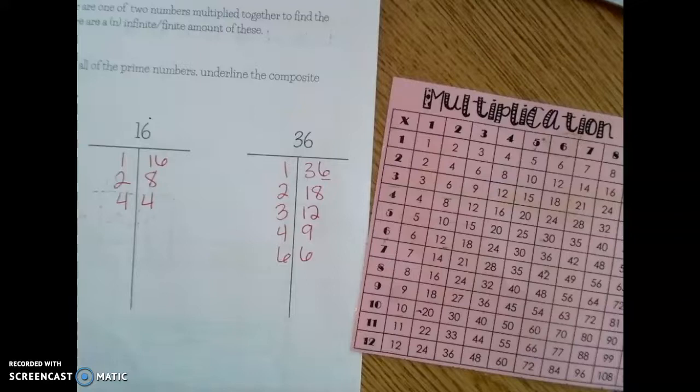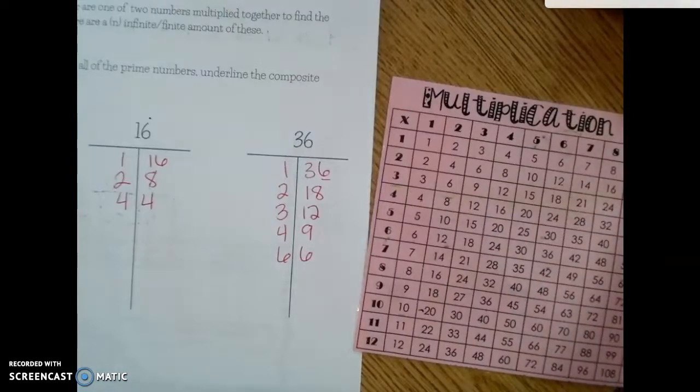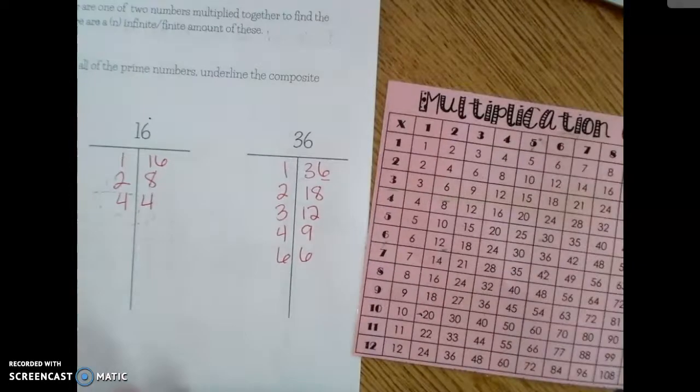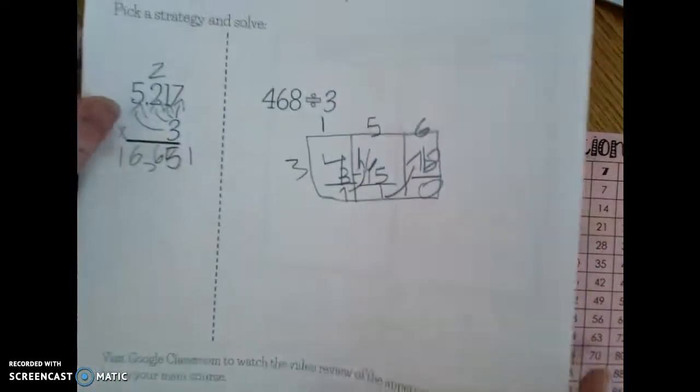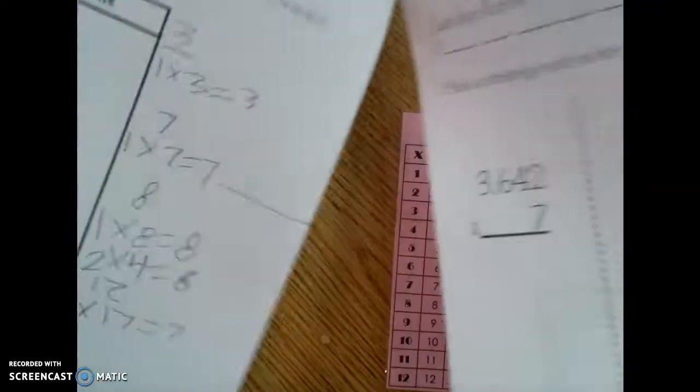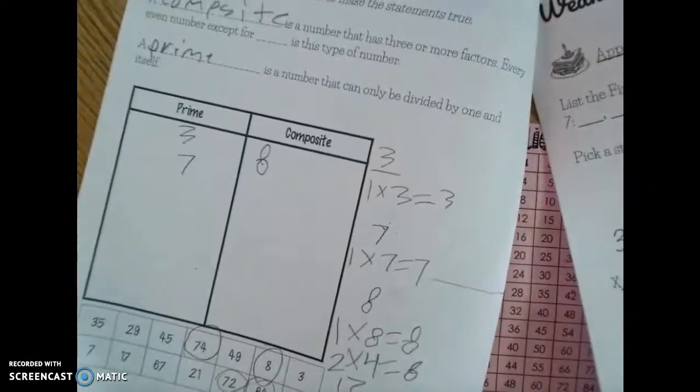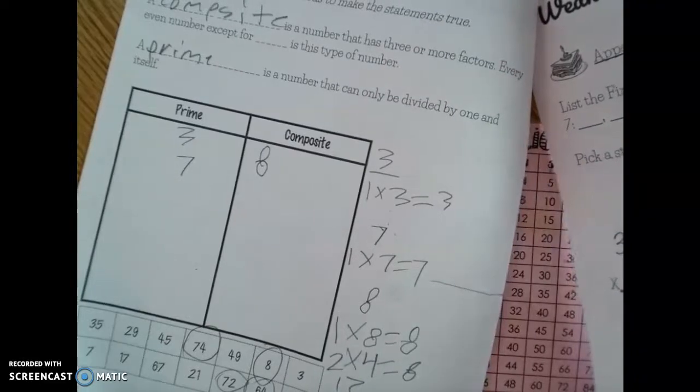But it says to circle the prime numbers and underline the composite numbers. So, we are going to remember, go back to day 1, a prime number is a number that can only be divided by 1 and itself.